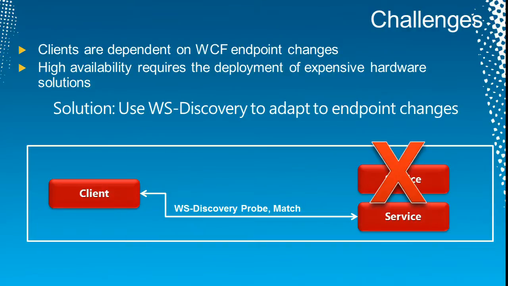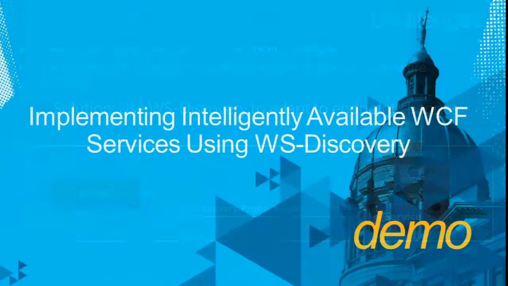So does that make sense? Sort of? Yes, no? So what I'm going to do now is show you how this works with WCF 4.0. Let me switch back to the VM.